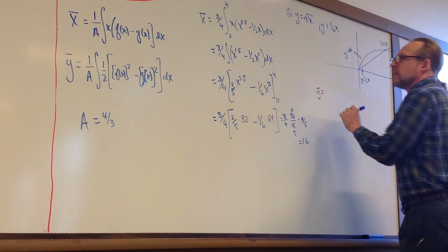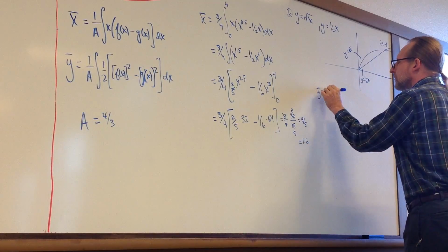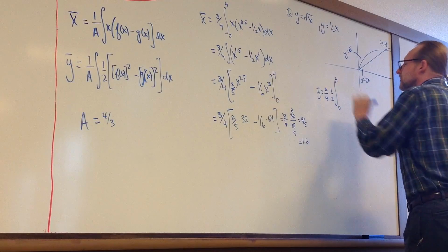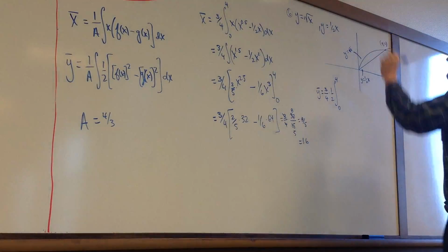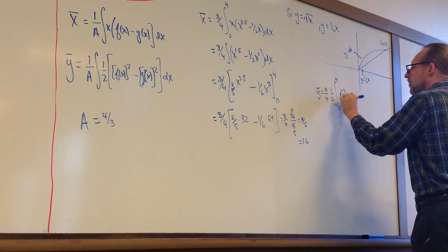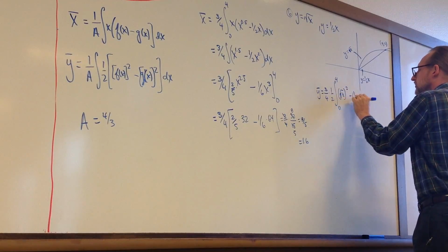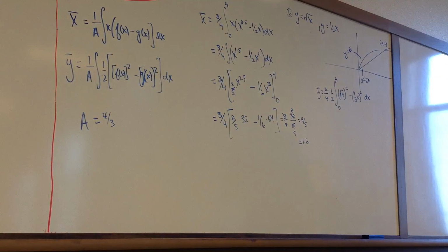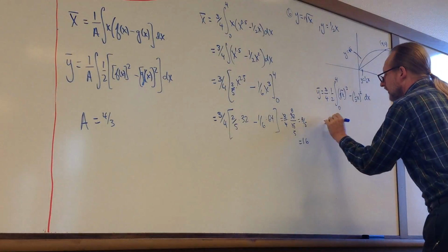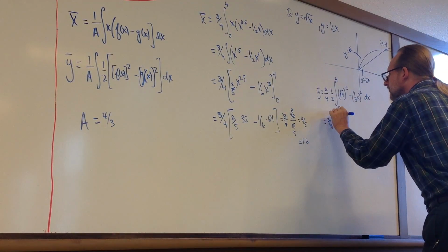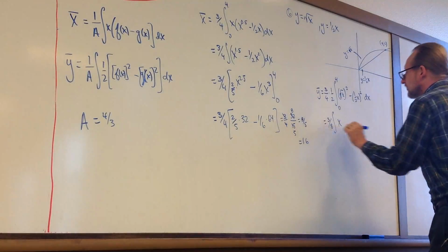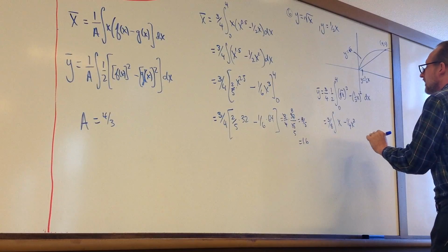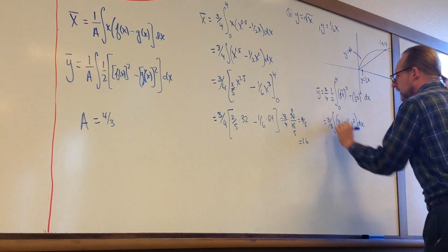Y bar is going to be 1 over a, which is 3/4, times a half, integral from 0 to 4, f squared minus g squared dx. Okay, so that'll be 3/8 integral, that's just going to be x, minus 1/4 x squared dx.